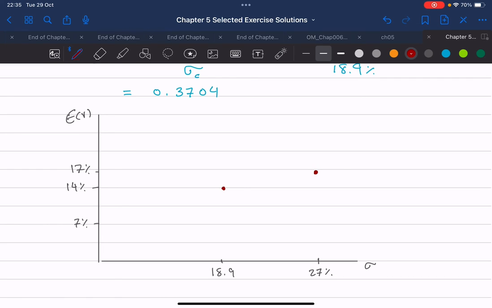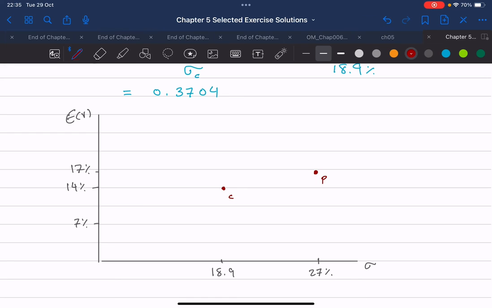So around here, right? This is the complete portfolio, and this is the risky fund, right?